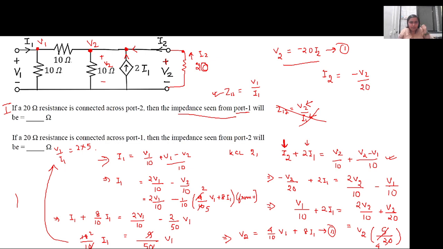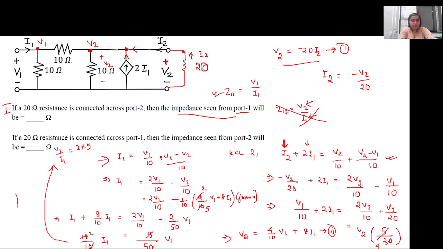I hope I have not made any mistake in between. 2 by 5, so 50. Things are clear and the concept is okay. So a calculation mistake does not matter.